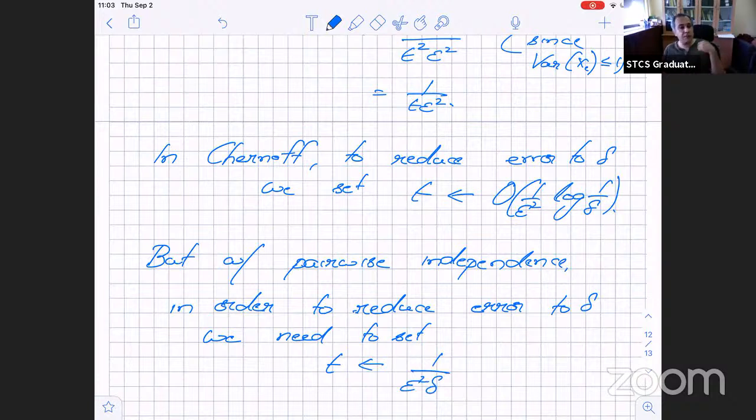So the dependence on epsilon is the same, but the dependence on delta is considerably weaker. On one hand, we gained in the number of random points that we need, but we lost in the dependence on error. So there's a Chernoff versus Chebyshev trade-off. If you use pairwise independence, the number of random points you use is considerably lower, but you pay for it in the number of times you repeat.